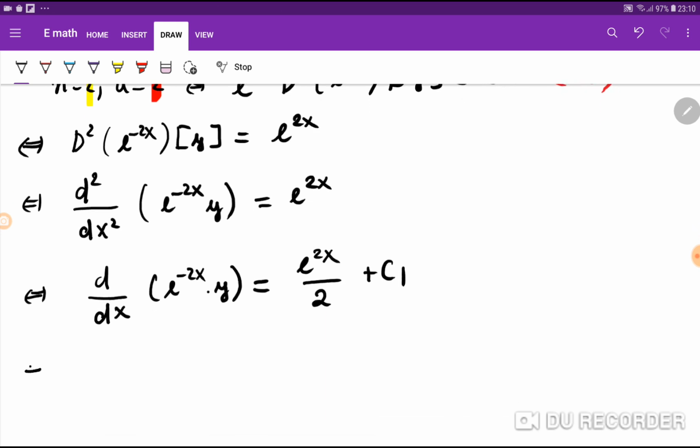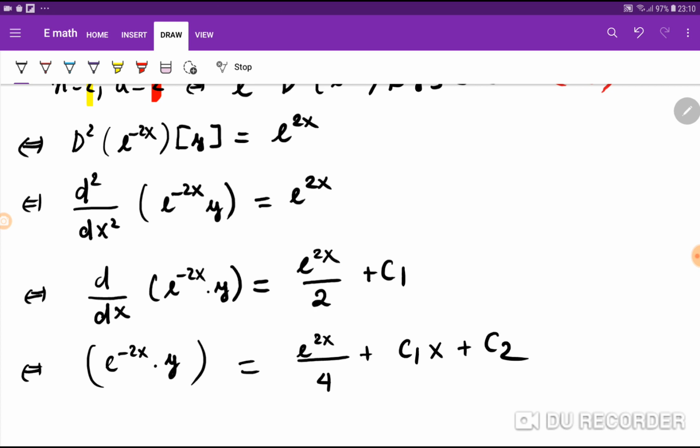Second integration: the left hand side is e to the power 2x times y. The right hand side is e to the power 2x divided by 2, and then because you divide by 2 again, divided by 4, plus c1x plus c2.